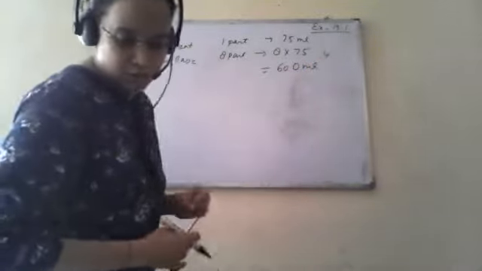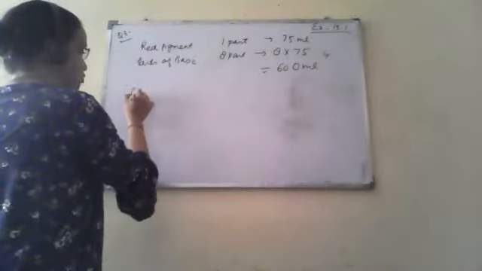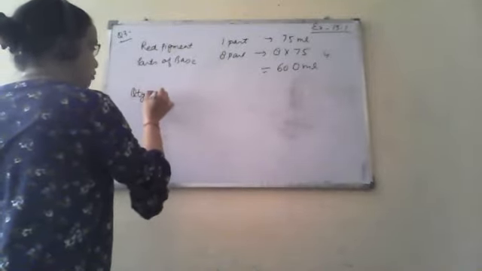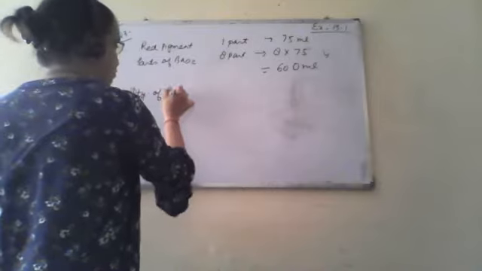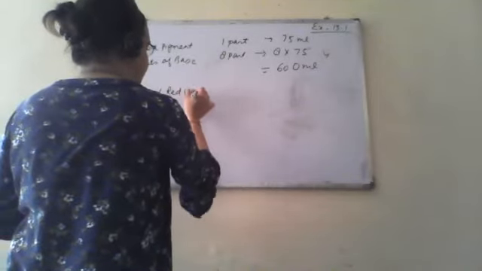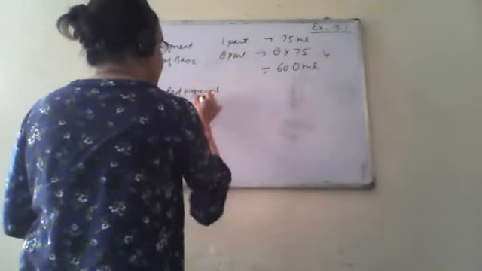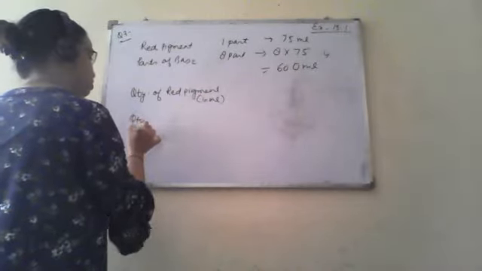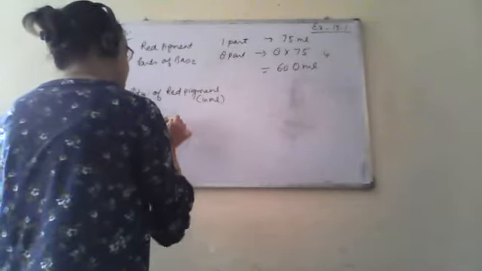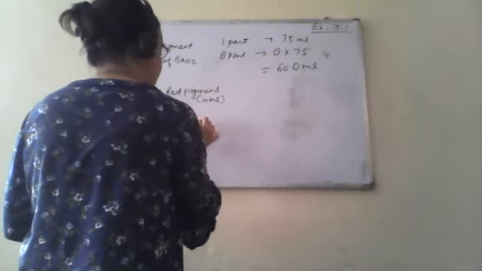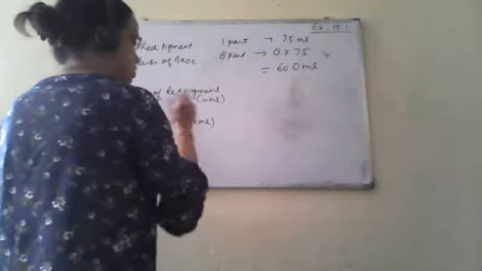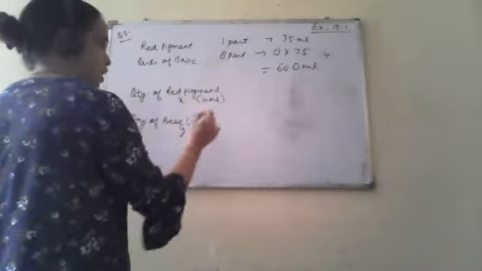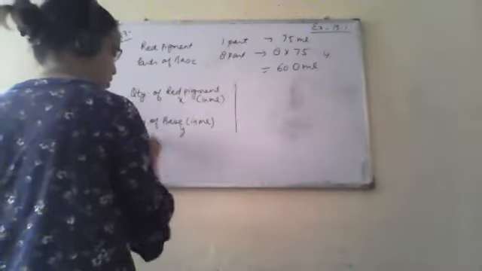Now this question is again very simple. We cannot take parts now; we have the quantity of red pigment that is given in ml, and we have the quantity of base that is also given in ml. So this is our x, this is our y. Clear?